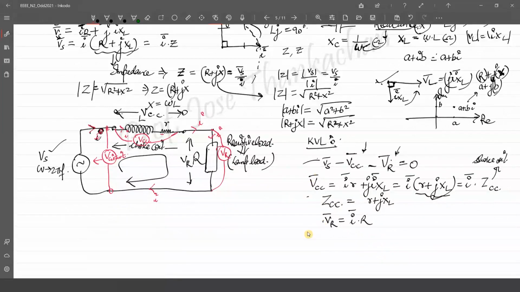So what does this main equation become? Vs is equal to VCC, which is nothing but I into ZCC, plus I into R.